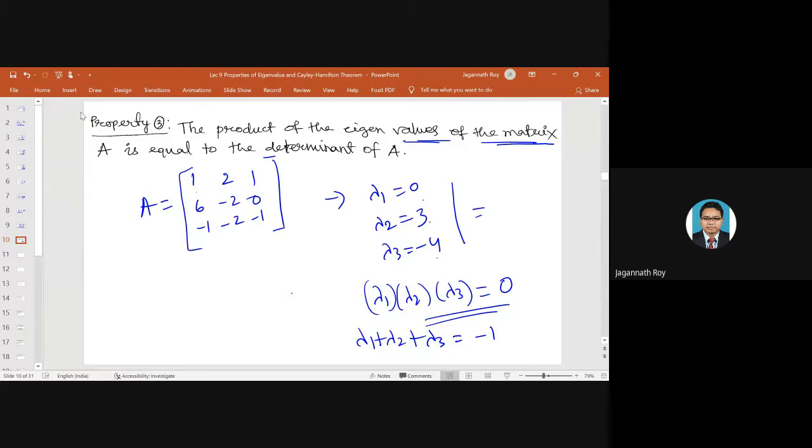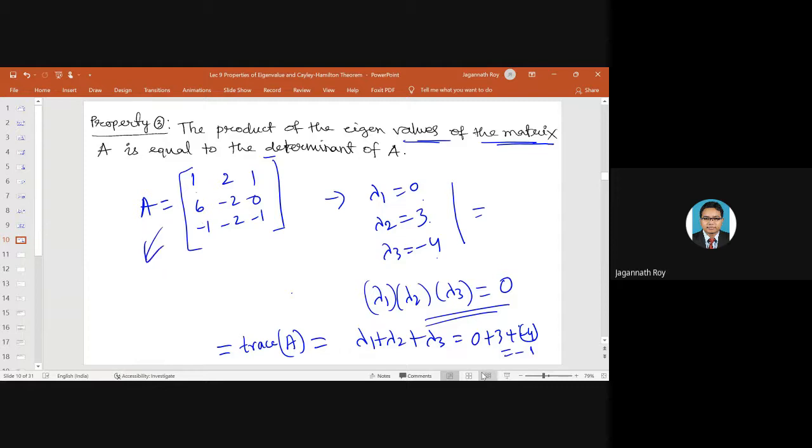This was supposed to be trace. Trace A is equal to the sum of lambda 1, lambda 2, lambda 3: 0 plus 3 plus minus 4. This is going to be minus 1.